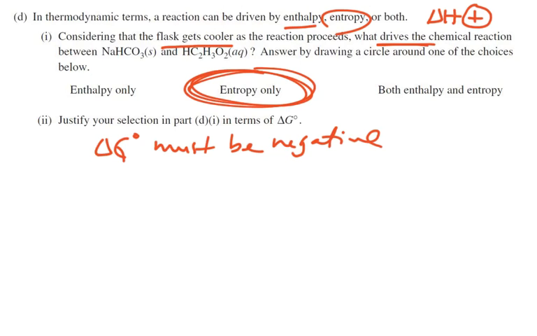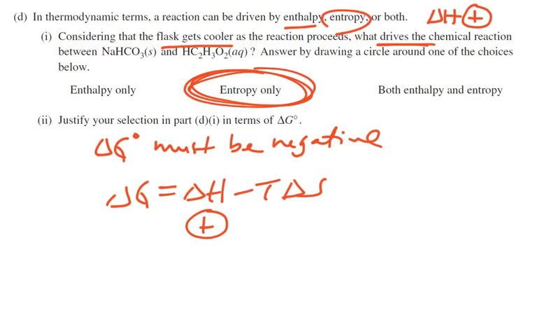So if delta G is equal to delta H minus T delta S, and delta H is positive, then that's going to make delta G positive, and that's not good. So it must be the delta S. Since it's minus T, and temperature in Kelvin is always a positive value, delta S must be positive and large enough, with a large enough temperature, so that minus T delta S makes delta G negative.